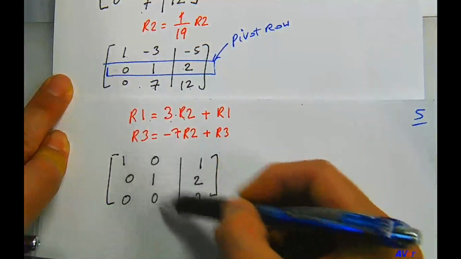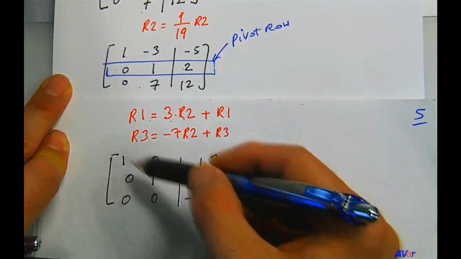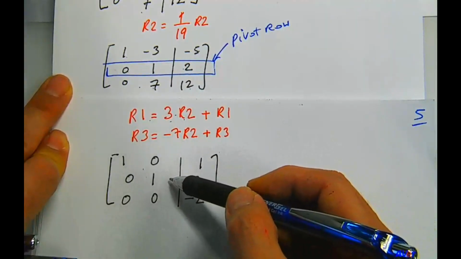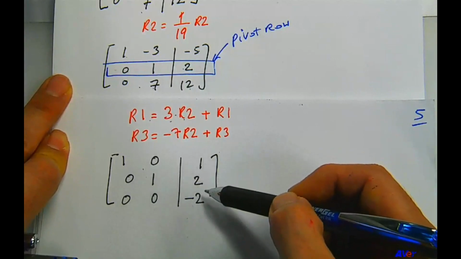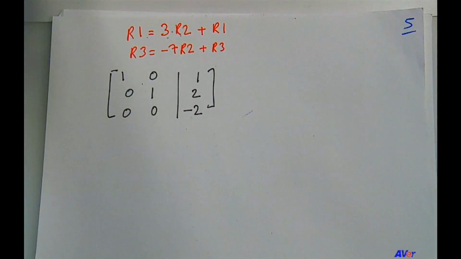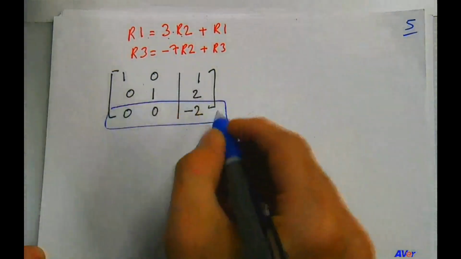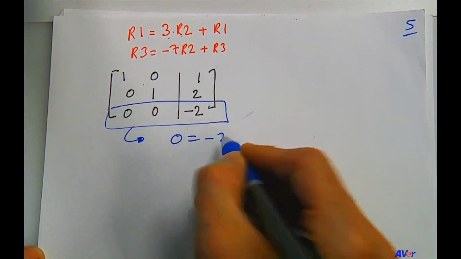So we've achieved the reduced row echelon form. There are no more columns for us to go through on the left side. These are the constants. Okay, so what is the interpretation of this special case? Well, the bottom row is telling us that 0 on the left equals negative 2.